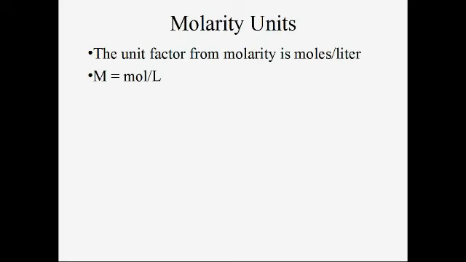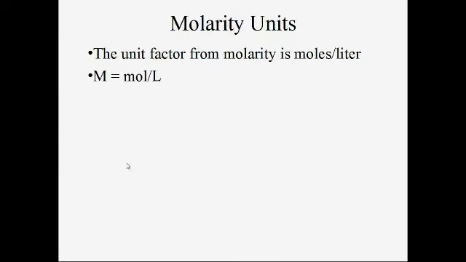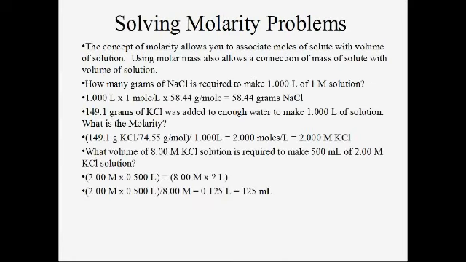Capital M is primarily a unit showing up after a number. But whenever we are doing calculations, such as molarity times volume, we're going to be multiplying this by liters. We'll see that when we change that capital M into moles per liter, we want to be multiplying this by liters, and we'll end up with moles.